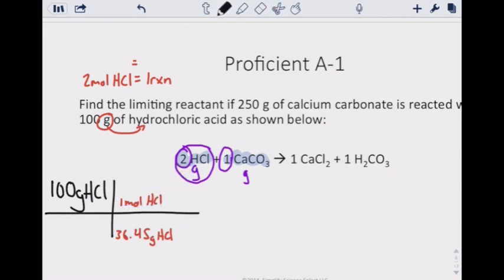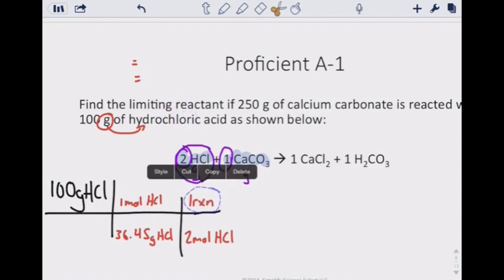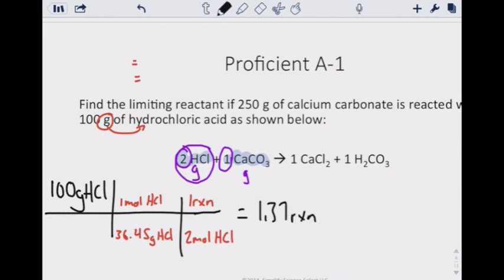And then we look at the reaction, 1 mole to cancel out, and that's in one reaction. So when we're looking at HCl, what we're saying is that HCl is going to produce 1.37 reactions. Okay, that's of HCl.